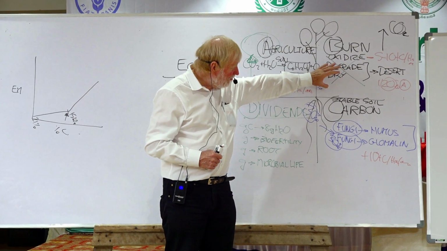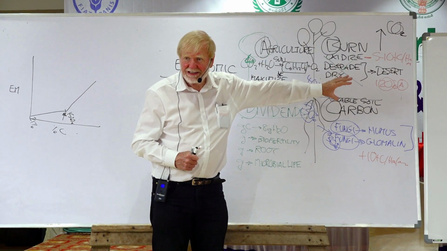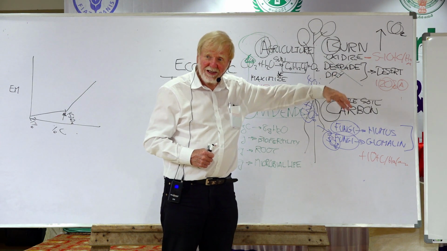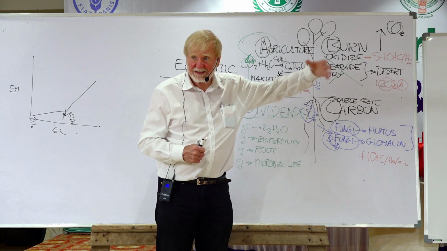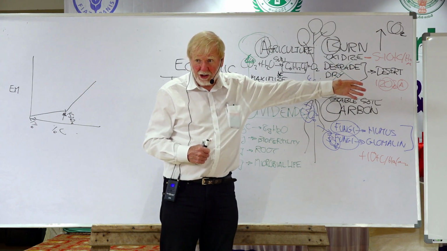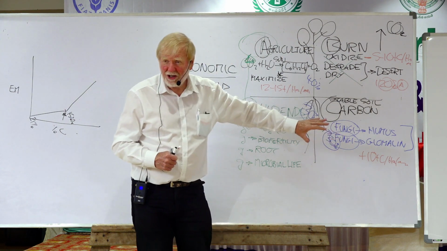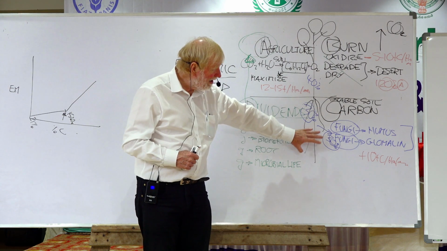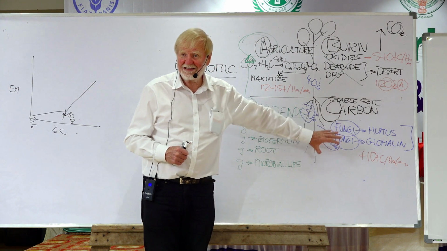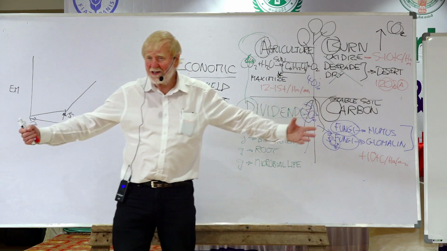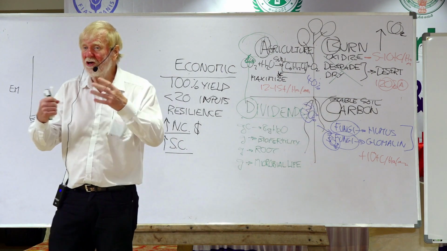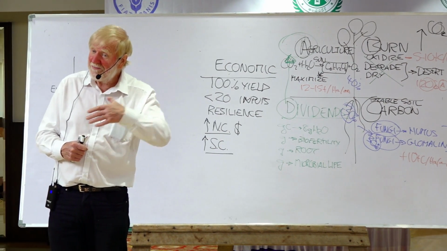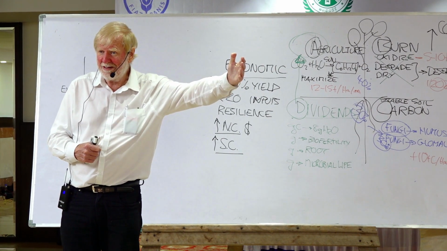And then when you create anaerobic conditions in the soil, there's less oxygen, and so the oxidation processes slow down. You can create lower oxygen conditions through higher microbial activities in the soil, because then the microbes are eating up the oxygen, leaving less oxygen for the oxidation of the carbon.